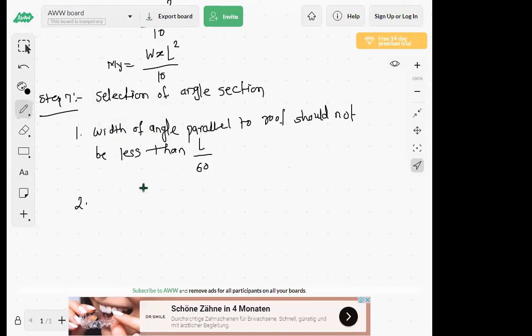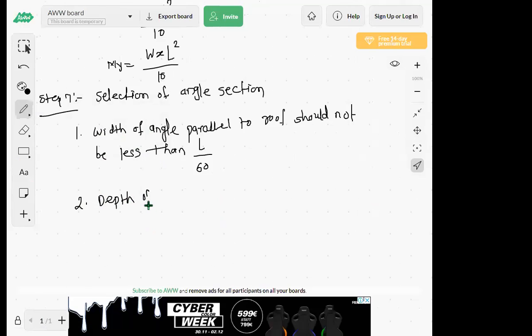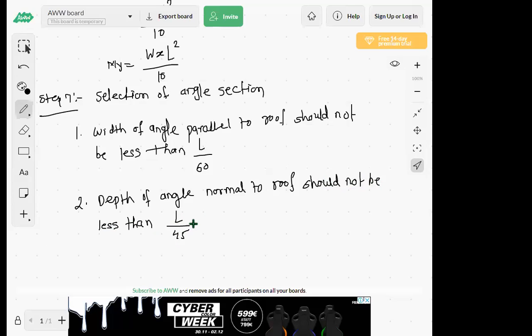Similarly, we have to calculate depth of angle. Depth of angle normal to roof should not be less than L by 45.